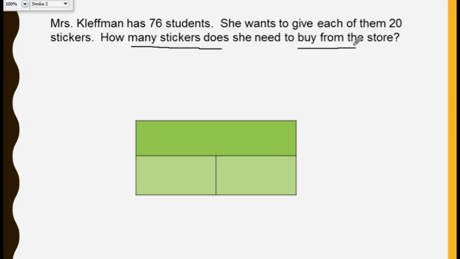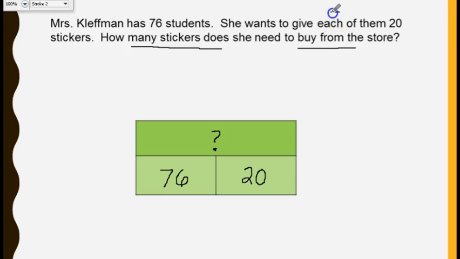We need to know how many total stickers she needs to buy to be able to give them to all of her students. So this is the part we don't know. We don't know the whole. We do know that Mrs. Clefman has 76 students, and she wants to give each of them 20 stickers. So these are the two numbers that we have.